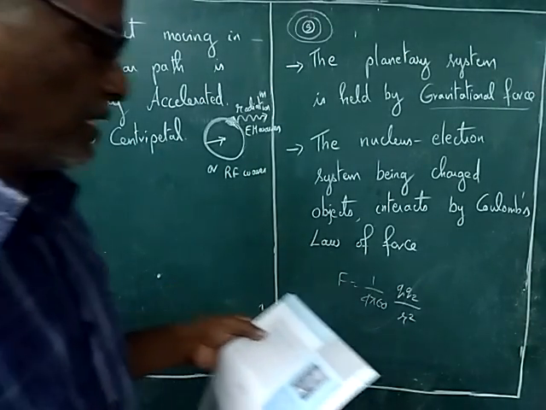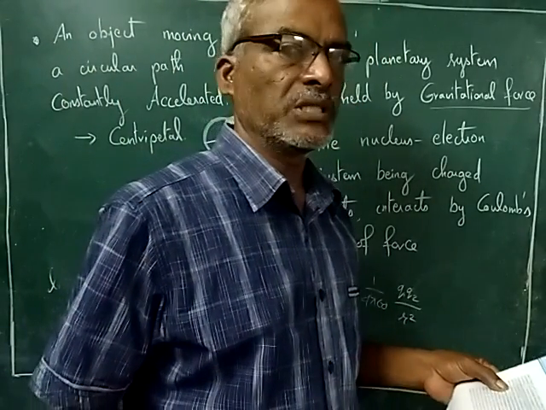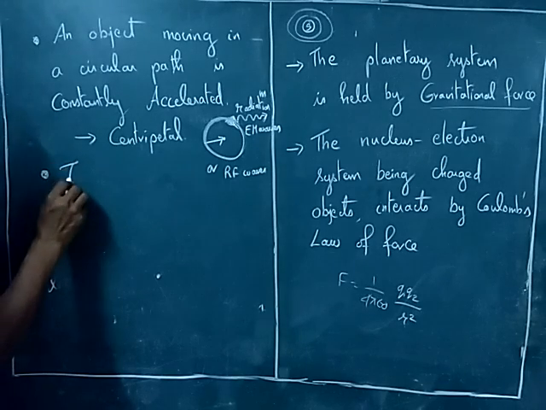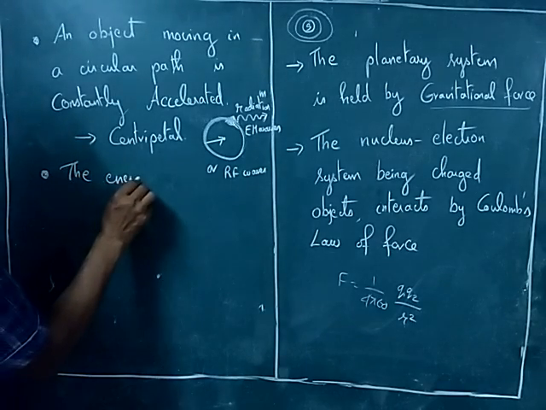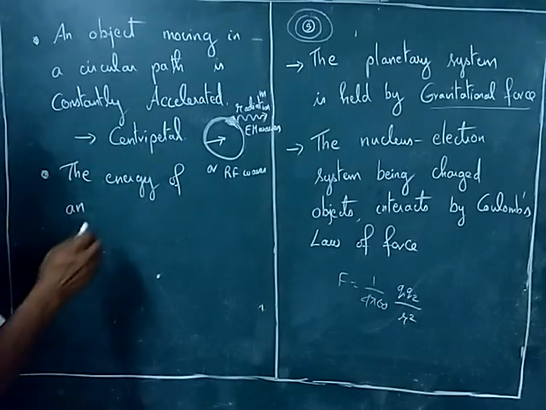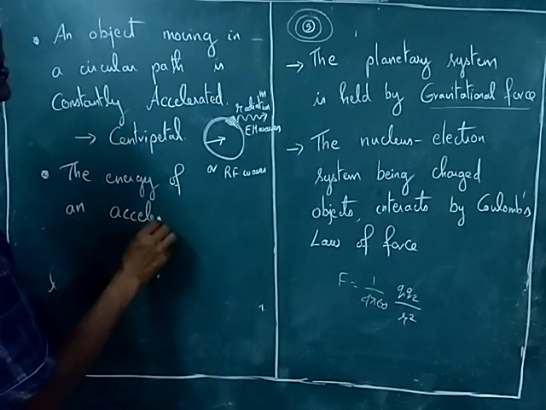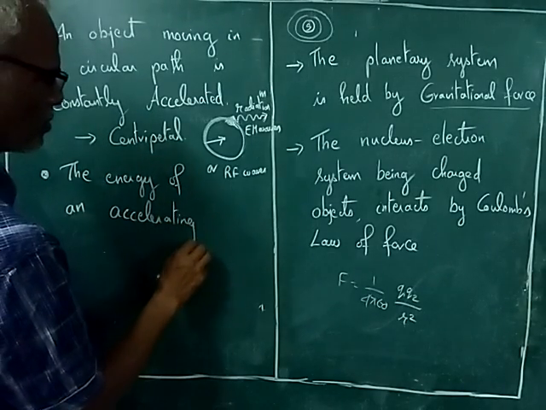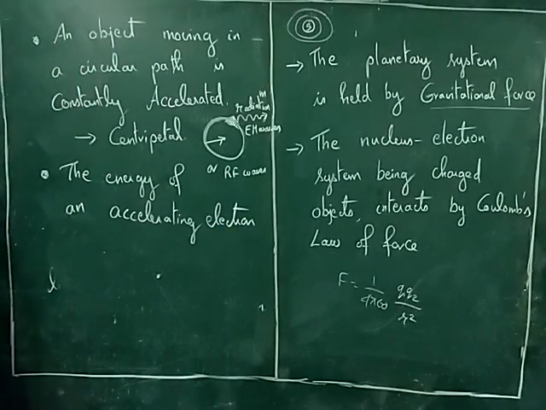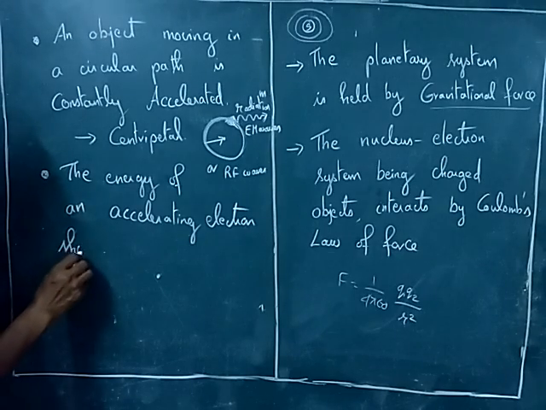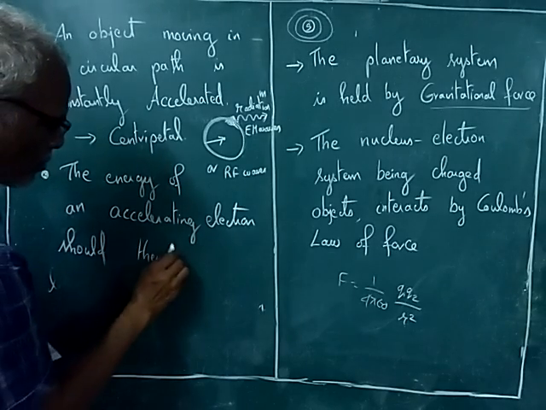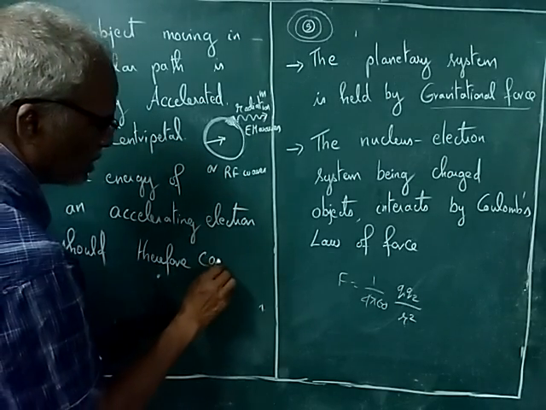The energy of an accelerating electron should therefore continuously decrease.